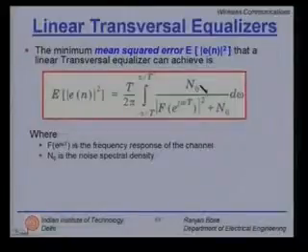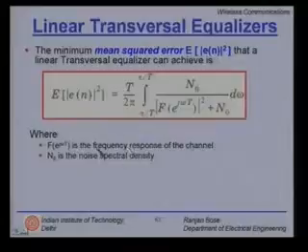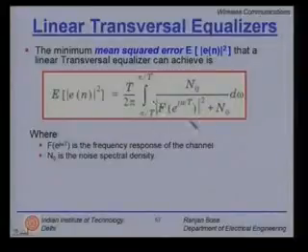If I increase the noise power, I helplessly have to see that the minimum mean squared error goes up. I can do nothing about it. And if my channel is not so hostile, if I have a flat channel, right, then this becomes pretty handleable. You can work around it and you can lower your error.